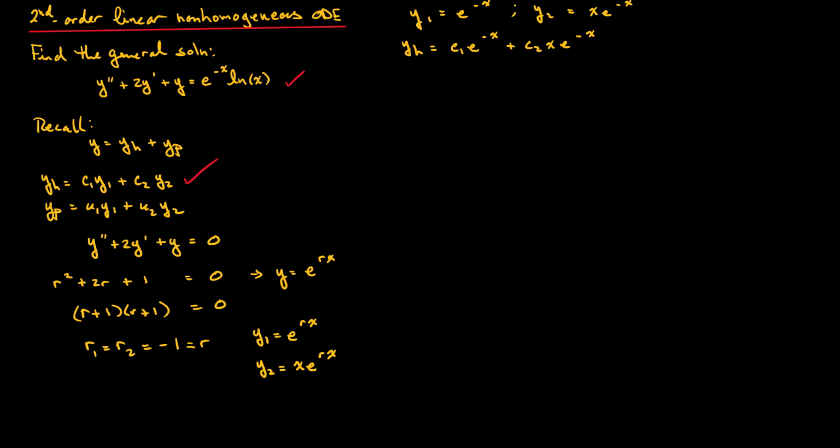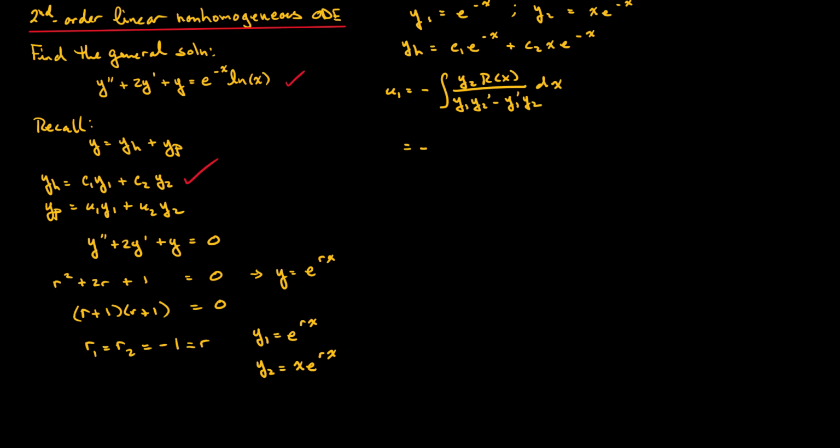From the previous video, we have seen that u1 is equal to the negative integral of y2 r of x divided by y1 y2 prime minus y1 prime y2 dx, where the denominator is just the Wronskian of the functions y1 and y2. So let's go ahead and evaluate this.